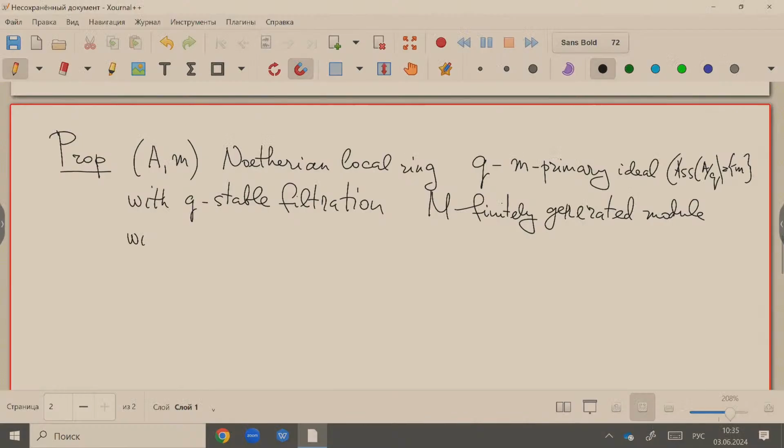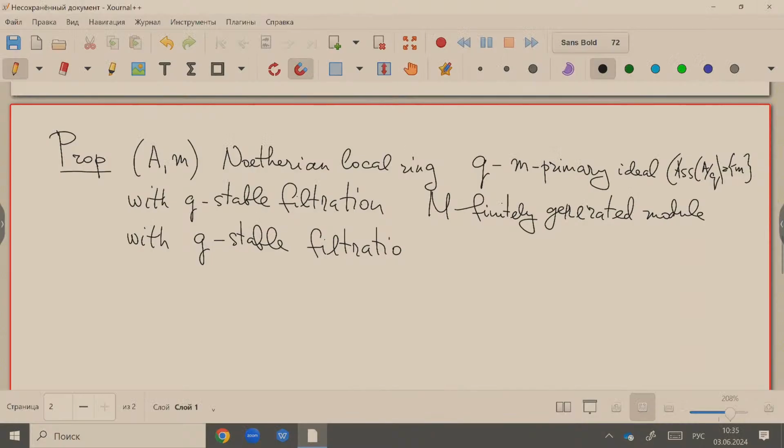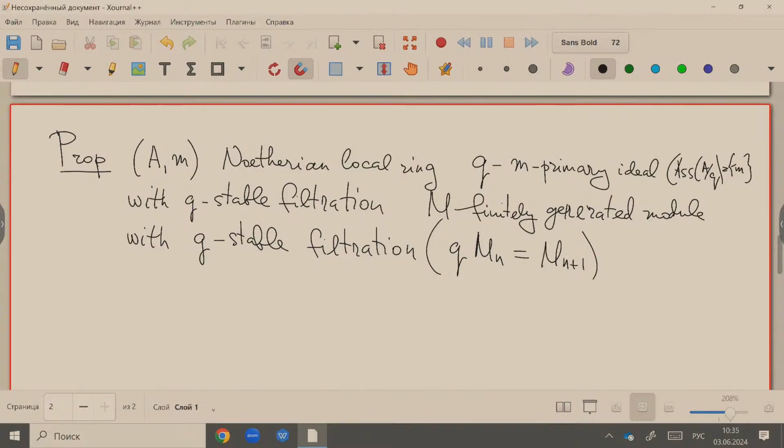So with a Q-stable filtration, Q M n equals M n plus 1, and then M modulo M n has finite length.